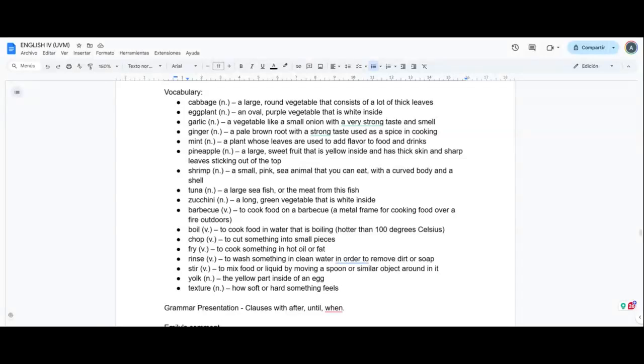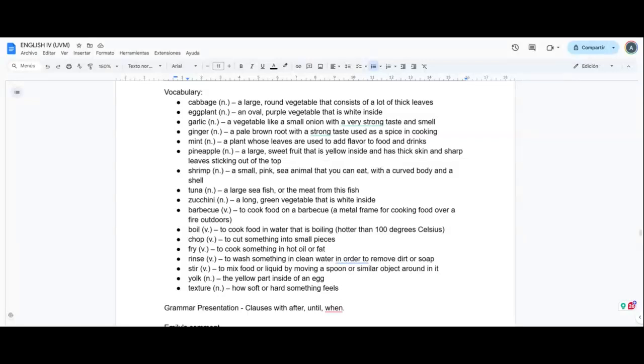In this case it was more or less, I knew half of them and the other half was pretty new. Okay, which words were new for you? Which were known for you? I already knew garlic, ginger, mint, pineapple, shrimp, tuna, barbecue, boil, fry, and then texture.